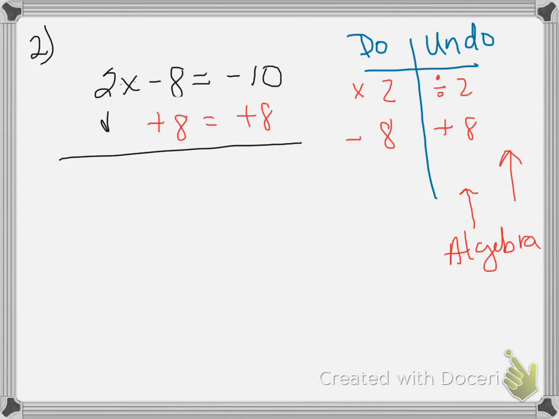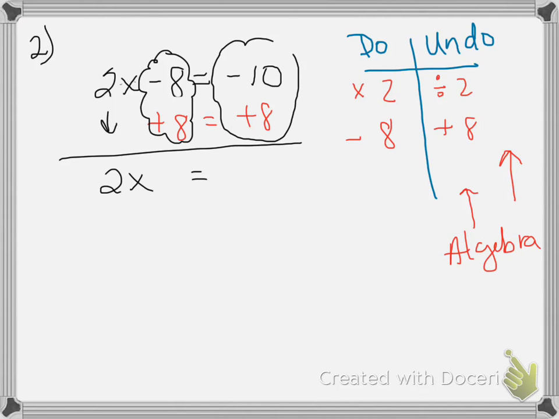As you remember, we bring down our 2x. This here is what we said is a zero pair, so it cancels out. Now this part right here is our lookout section. If you remember, this is the part where you have to watch the signs. If the signs are both the same, we add the numbers and take the sign of the biggest number.